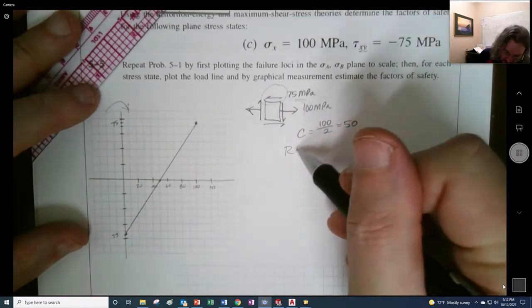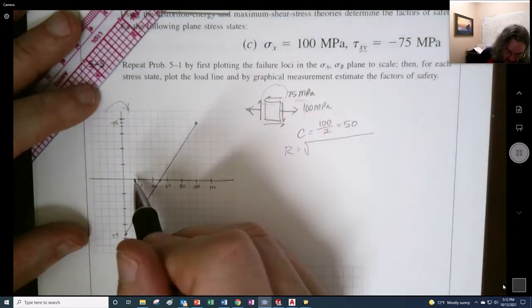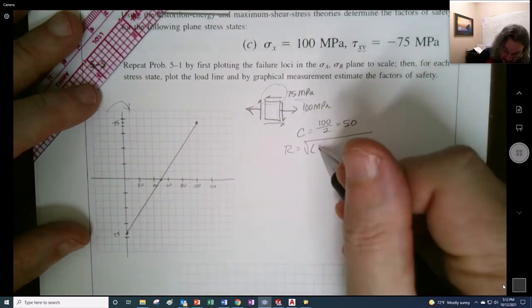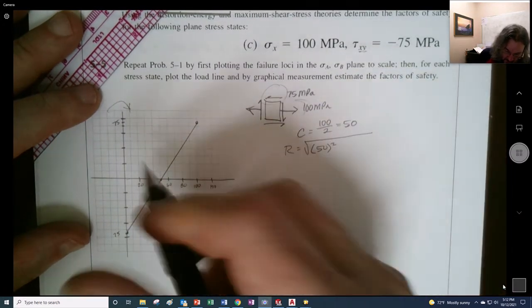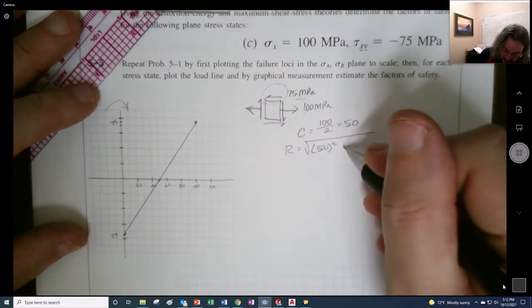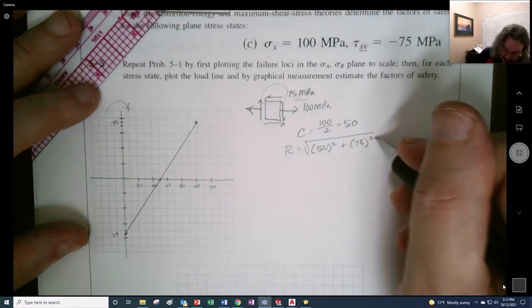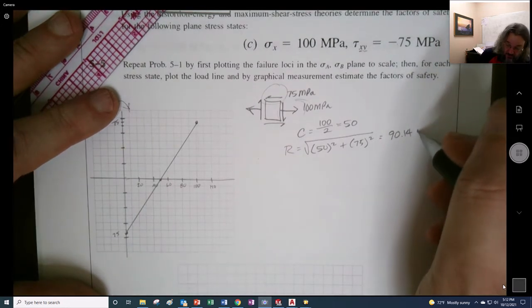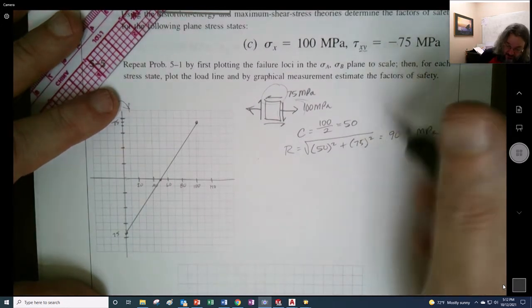And then the radius of this, we're going to take this leg right here squared, so that's going to be that 50, and then this distance right here, which is going to be 75, and we do those two and we get 90.14 megapascals.